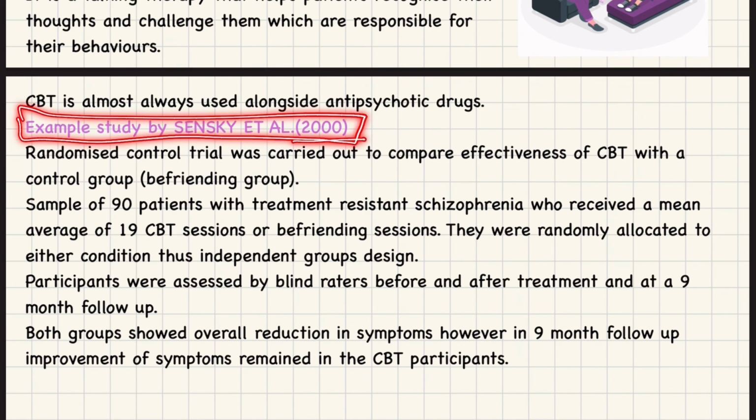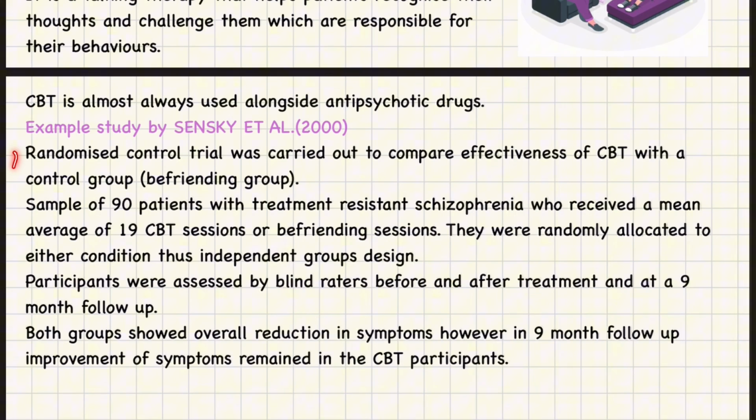In the 2000s. So a randomized control trial was used, and there was a sample of 90 patients with treatment-resistant schizophrenia, and they received a mean average of 19 CBT sessions, or befriending sessions.